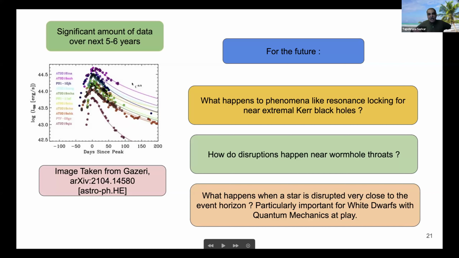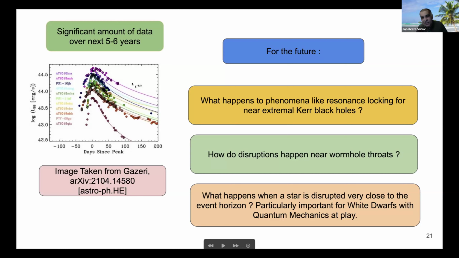How do I test GR at astrophysical scales? I believe that one way to do it would be to understand tidal phenomena, which are poorly understood till now. For example, you might have heard that in a central force problem, when you have a body in an elliptical orbit, if you take the revolving body to be a fluid type of thing, because of energy dissipation it slowly circularizes.